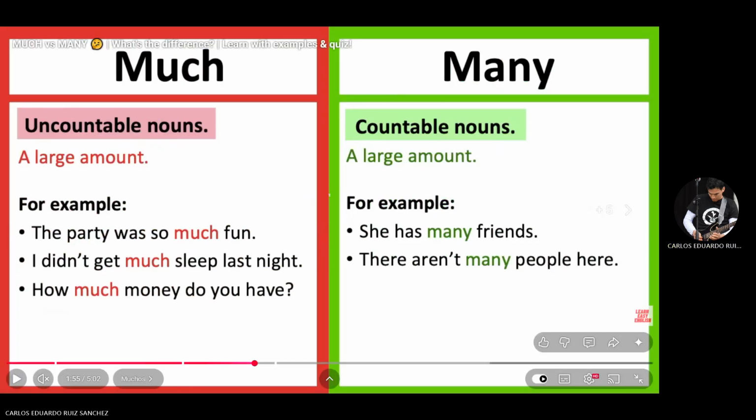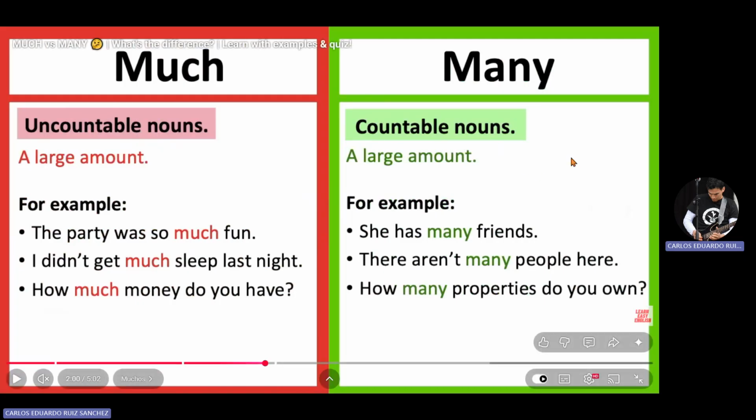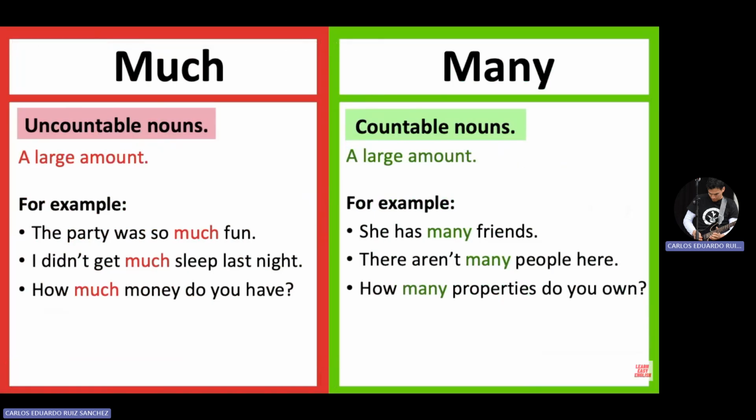And to create an interrogative sentence: How many properties do you own? Yo puedo contar. El sustantivo contable son las propiedades. Si se dan cuenta, ¿qué es lo que les decía que tenía en común con el primer video que vimos?